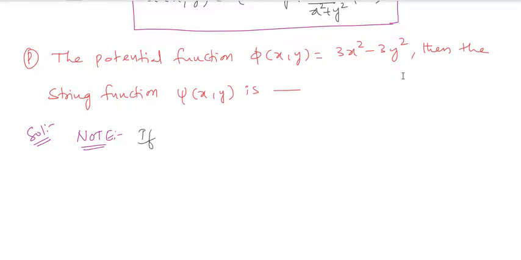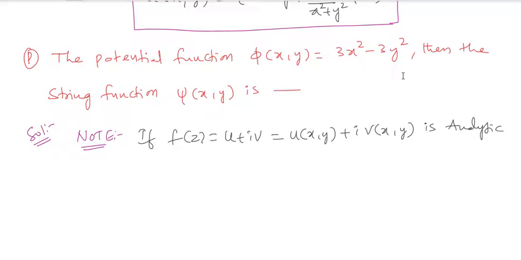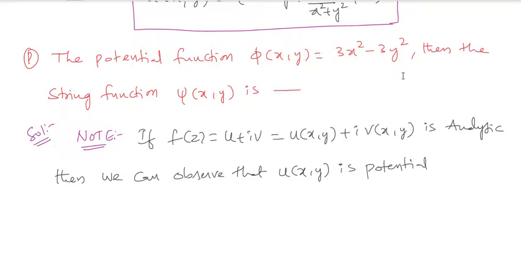If f of z is equivalent to u plus iv, which is u of x comma y plus i into v of x comma y, is analytic, then we can observe that u of x comma y is the potential function, and v of x comma y is the stream function.